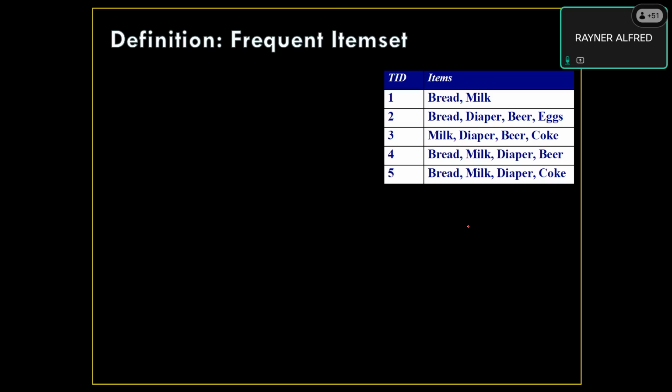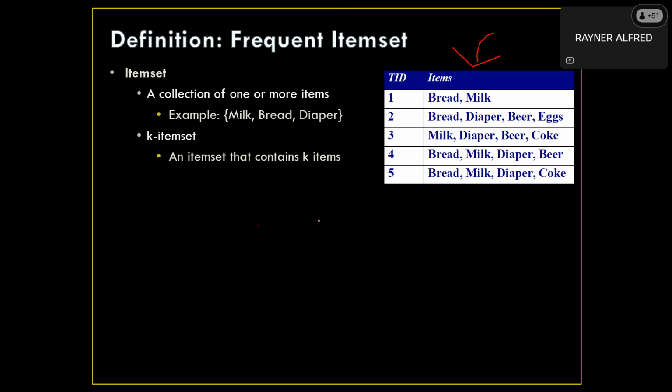Given this is your sparse database, we define an item set as a collection of one or more items.